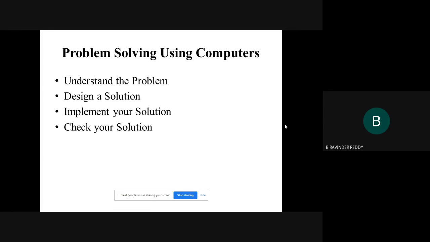So the task which we want the computer to do is similar to a mathematical problem.